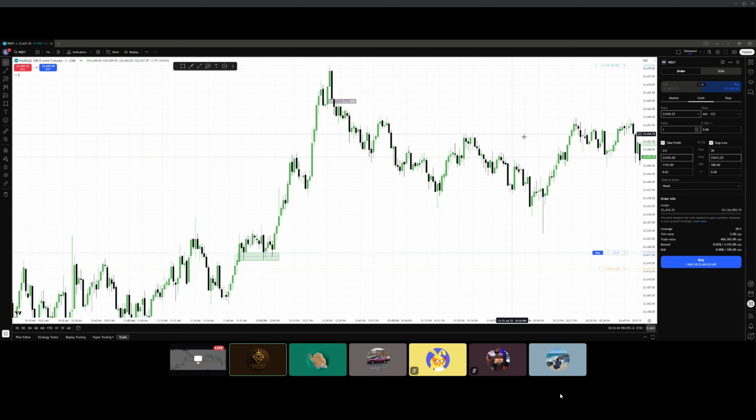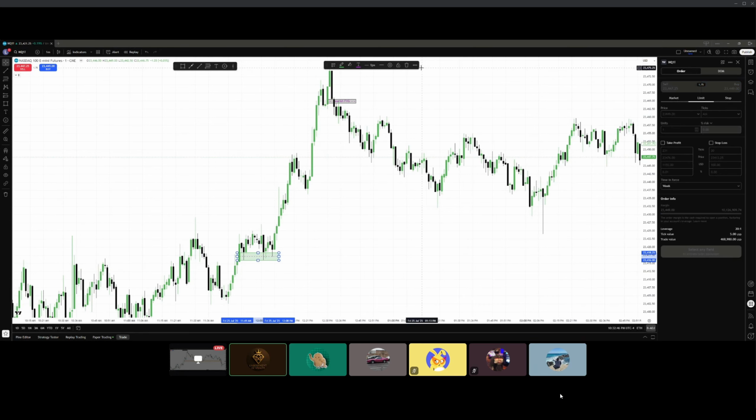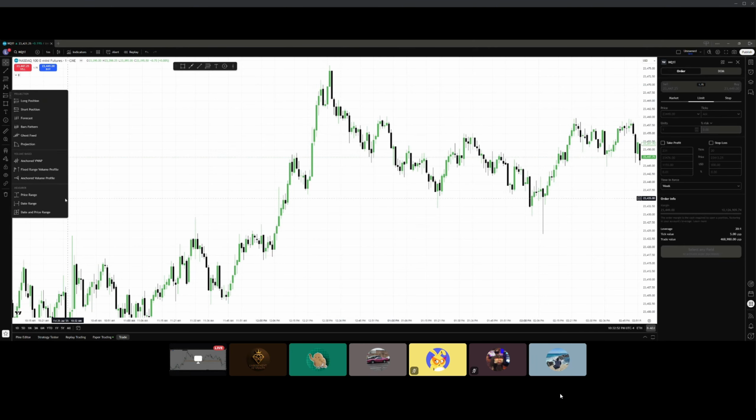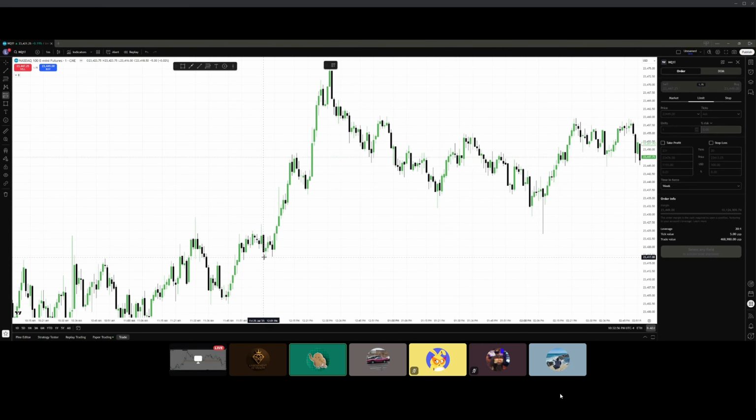Can you use one of those long position tools to show us exactly what you mean by that? Yeah, if you know that tool. Oh yeah, I forget where those are. I've never used one of those. It's right there, at the top. There you go. Oh wow, right in front of my face. So let's see what this does.